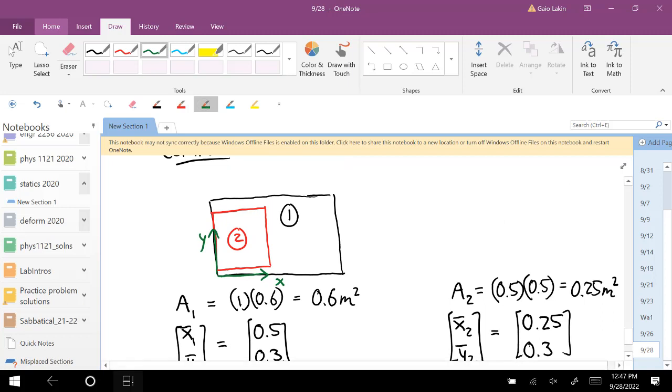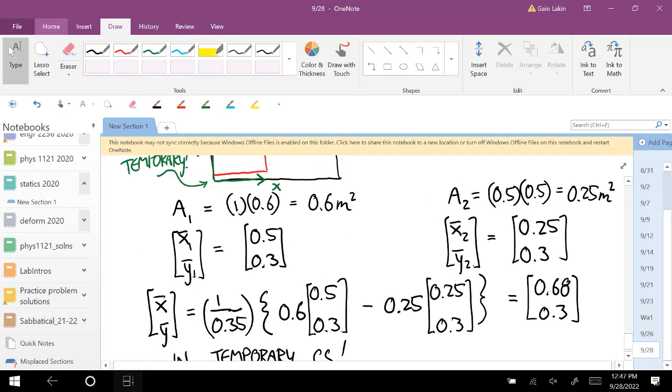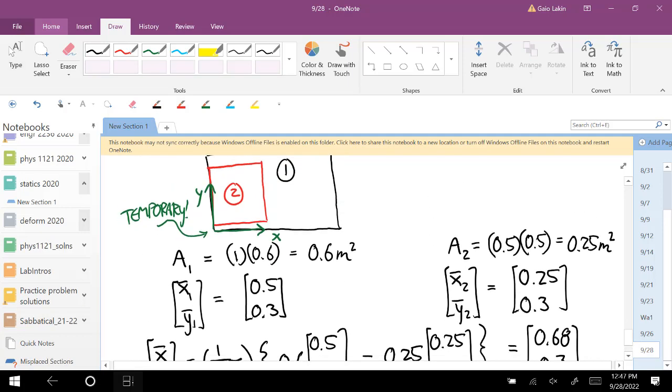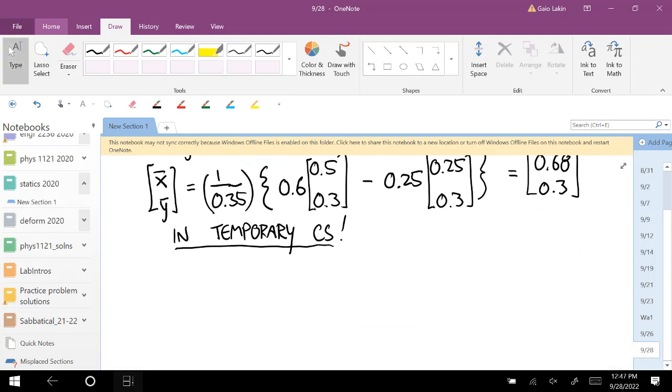Okay, so careful because this is a temporary coordinate system. We're just using that to find distances. Okay, so now that we have that, now we can draw the free body diagram.